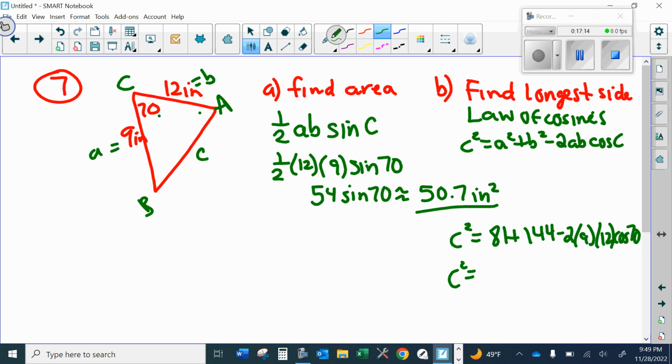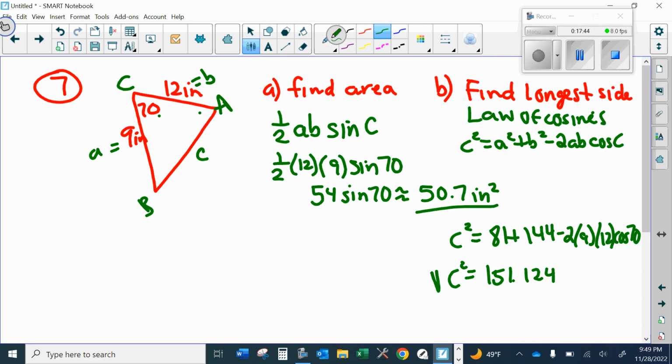So now you're putting that in your calculator. 81 plus 144 minus 2 times 9 times 12 times cosine 70. And that is 151.124 approximately. Okay, now you're going to leave that answer in there.